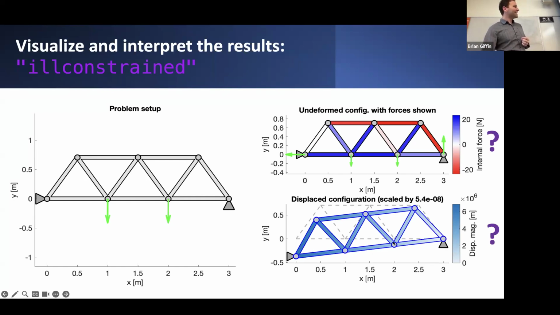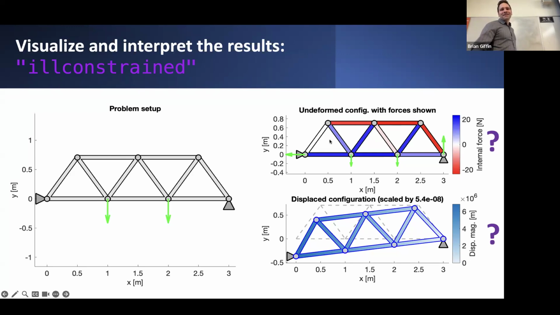Interestingly also, the displaced shape of this structure actually looks intuitively like what we would expect it should look like, right? It's doing this sort of rigid rotation. The weird thing, though, is that the internal forces are, I don't know, maybe small to within machine precision. I mean, this is only like 20 newtons.